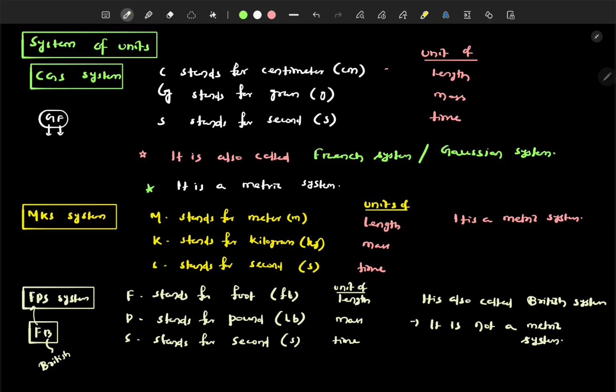So we have to use SI units all over the world. In this lecture 1 we have discussed systems of units. In lecture 2 we will discuss the SI unit, so wait up to lecture number 2.